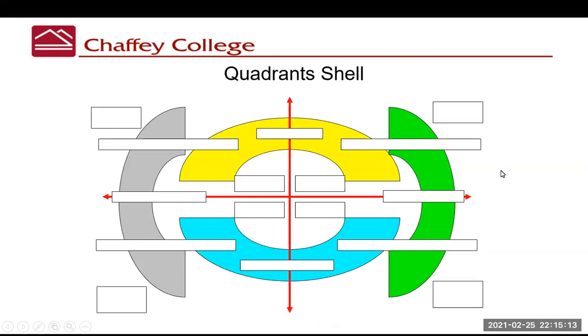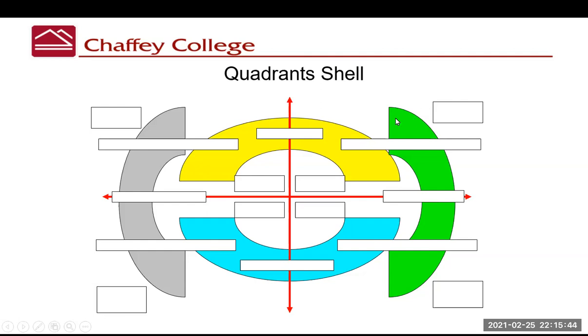We're going to be working with this document, this Quadrants Shell. It has various places for you to fill in information as we go along. The shell is divided up into quadrants. You can see there's red lines across horizontally and vertically, and that leaves 4 corners, or 4 quads, or quadrants.